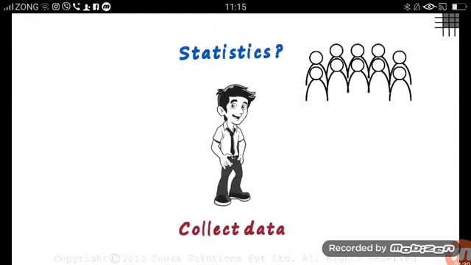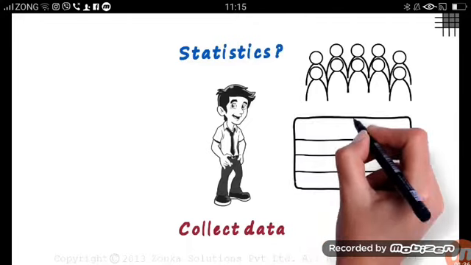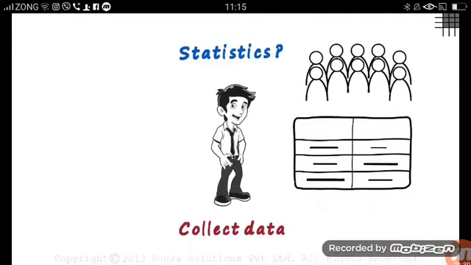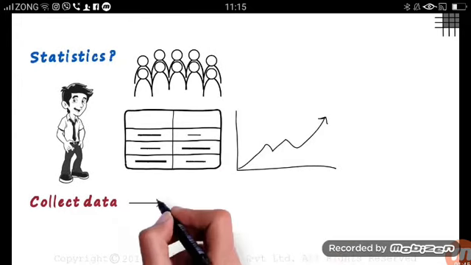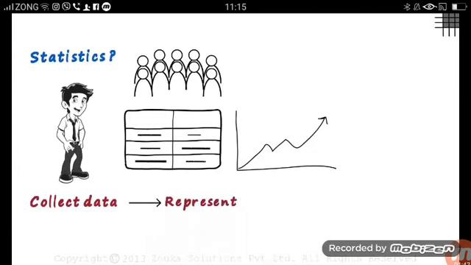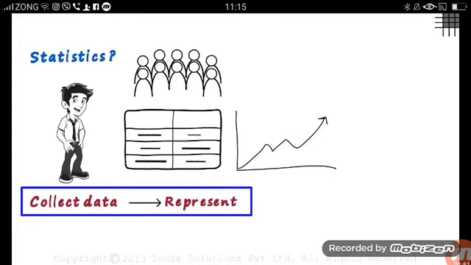So Zen finds a way to present his data aesthetically, which becomes easier to understand. He might use tables which have various rows and columns, or he might even use graphs to notice a particular trend. This means he will represent this data in an organized way. But what is the purpose of representing the data well?